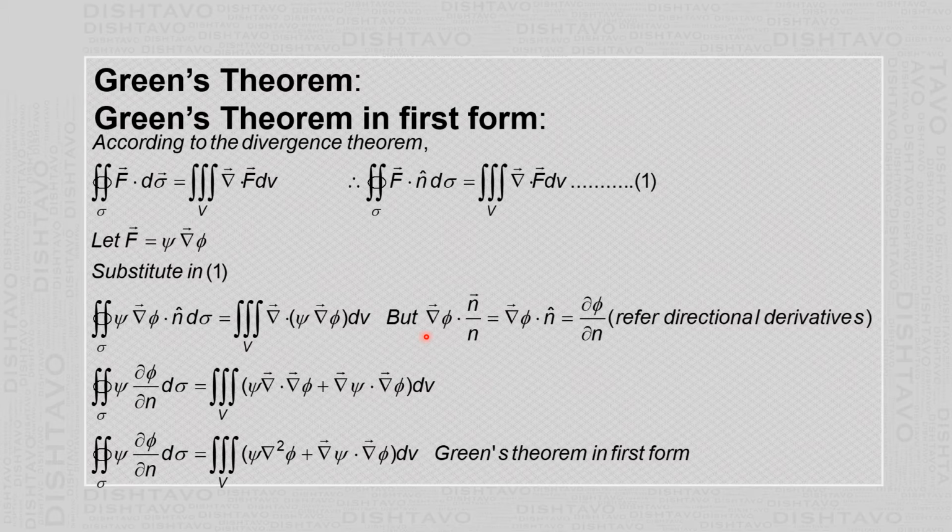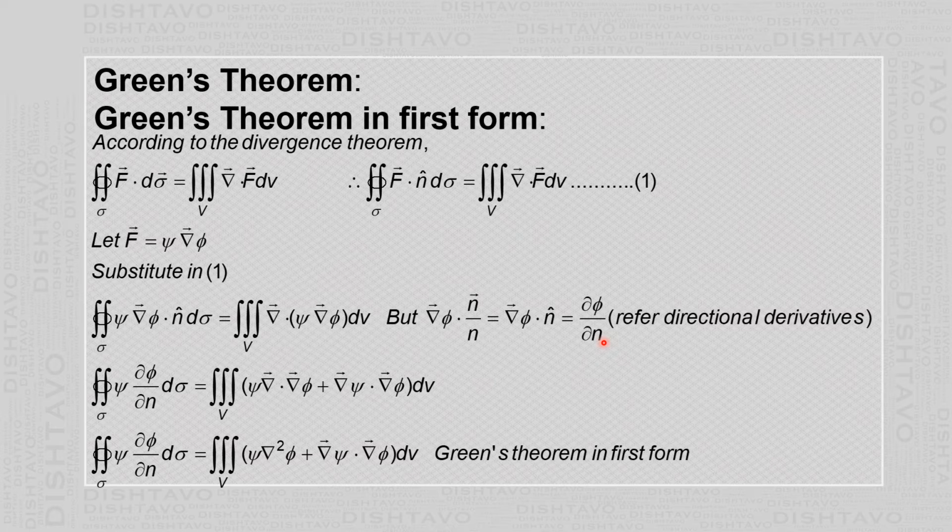Here the dr in the directional derivative is replaced by vector n, and in the denominator the magnitude of that vector dr is replaced by n, and that is written as del phi dot n cap, because vector n divided by n is n cap, and that is nothing but equal to the directional derivative of the function phi in direction of n.